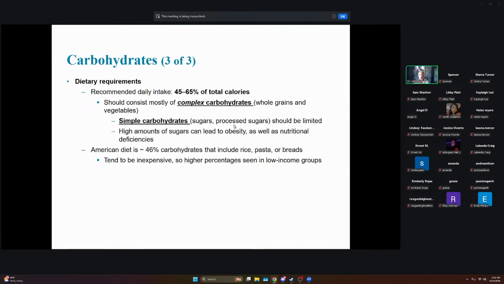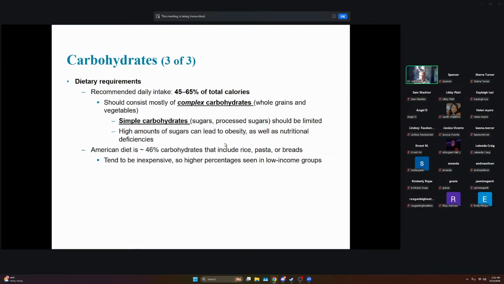Because they're so high in caloric value and energy potential, it's very easy to overconsume them, and what we overconsume will be stored as adipose tissue, i.e. fat, okay?